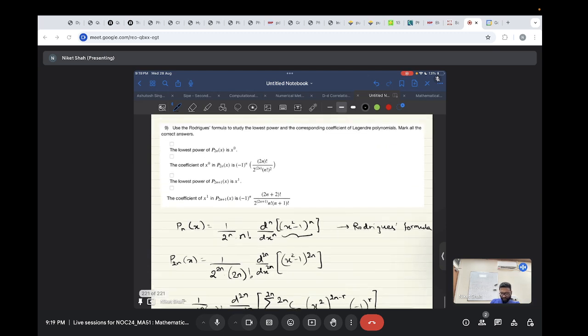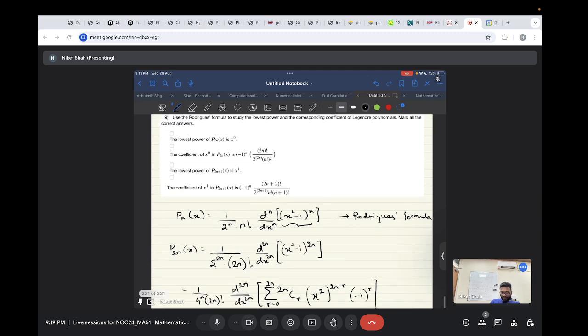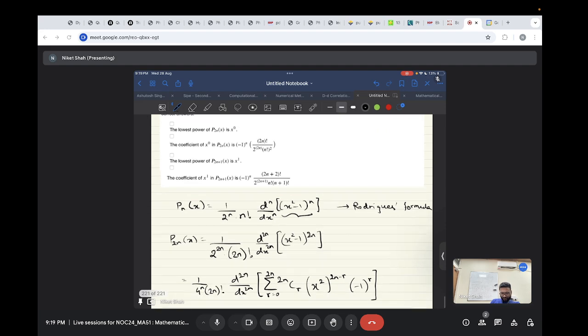So now the question is the lowest power of P2n of x is x raised to 0.